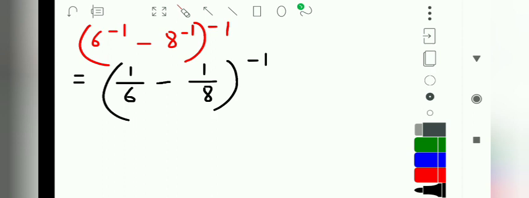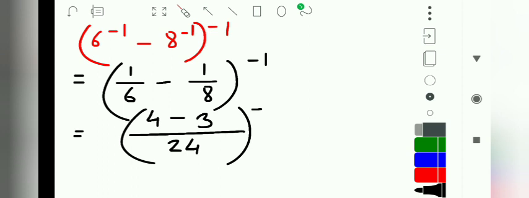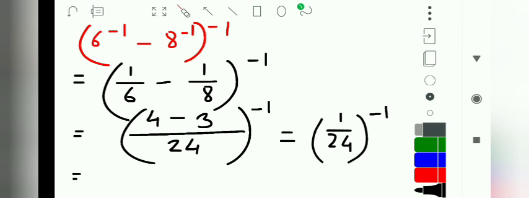After subtraction of 1 by 8 from 1 by 6, it is 1 by 24 and whole to the power minus 1, that is 1 by 24 inverse. So multiplicative inverse of the number that is in bracket and additive inverse of the power. A number to the power 1 means the number itself.